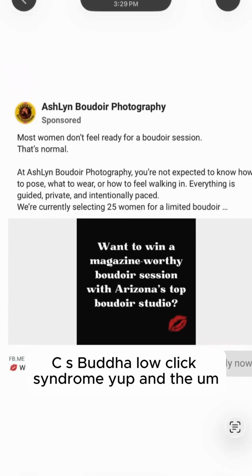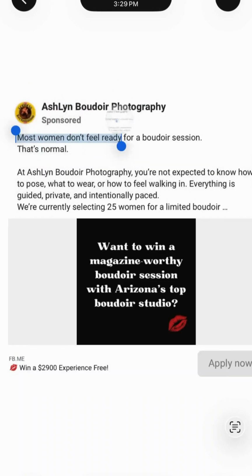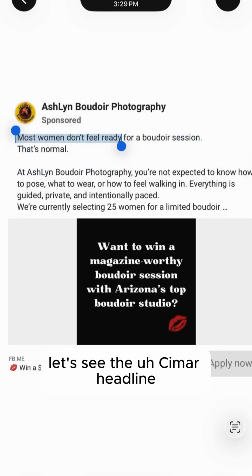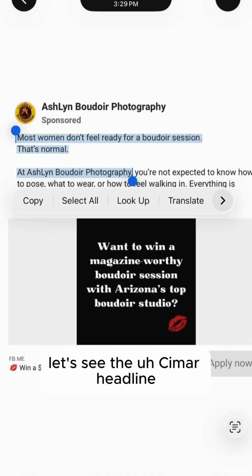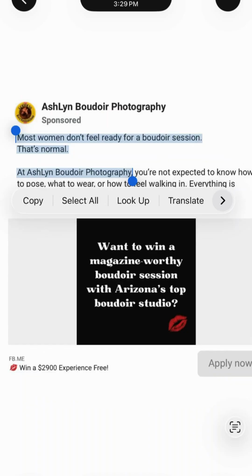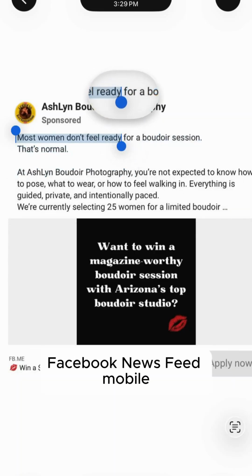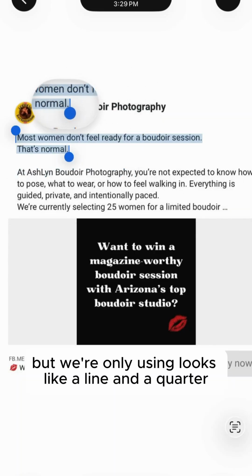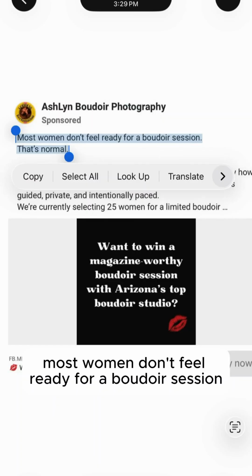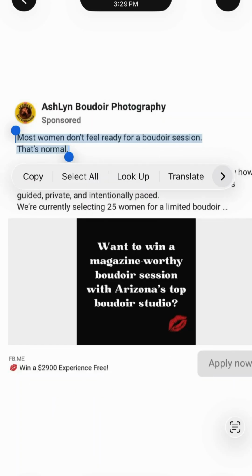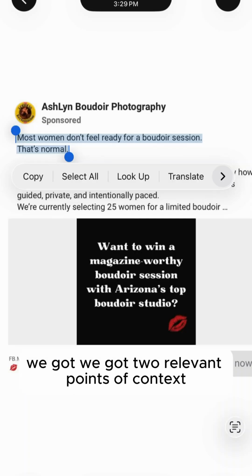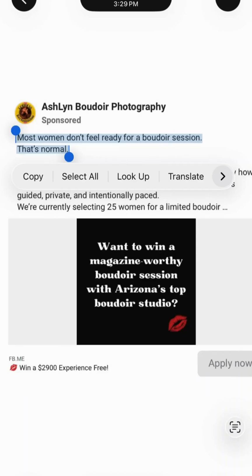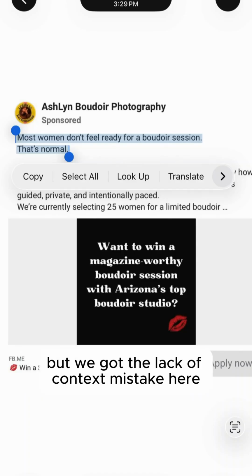Yep. And the headline. We got the first 2 3/4 lines on Facebook newsfeed mobile, but we're only using about a line and a quarter. Most women don't feel ready for a boudoir session. That's normal. All right, we got 2 relevant points of context, but we got the lack of context mistake here.